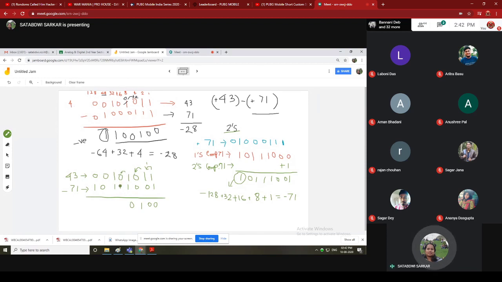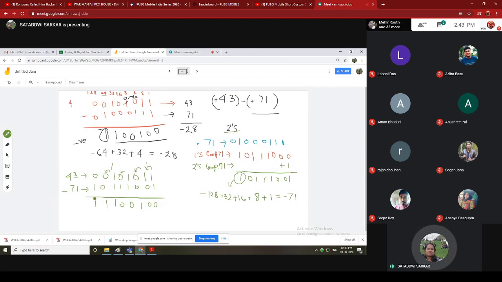So again we have 1 1. So 1 1 is 0, and we have 3 1s here, carry 1 is also here. So it is 1, and again one carry is generated. So we have to put here the carry, and here 0 plus 1 is 1.